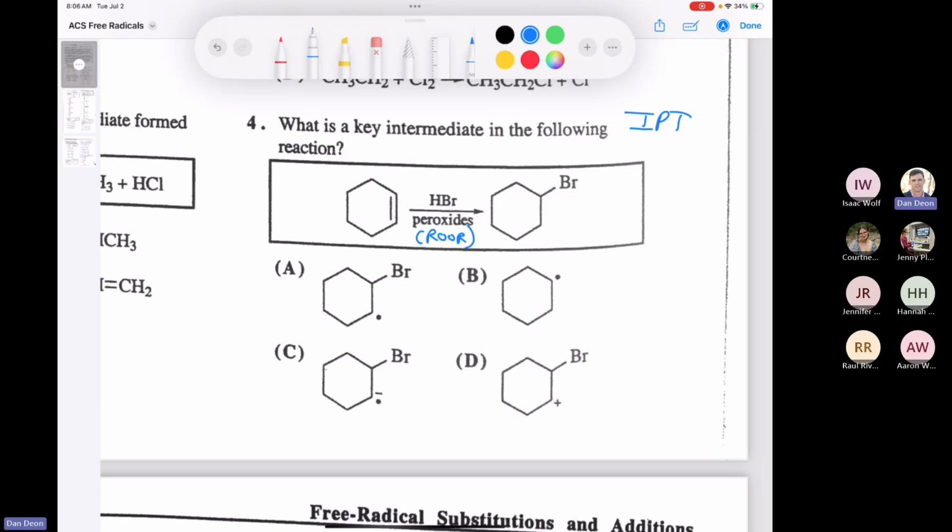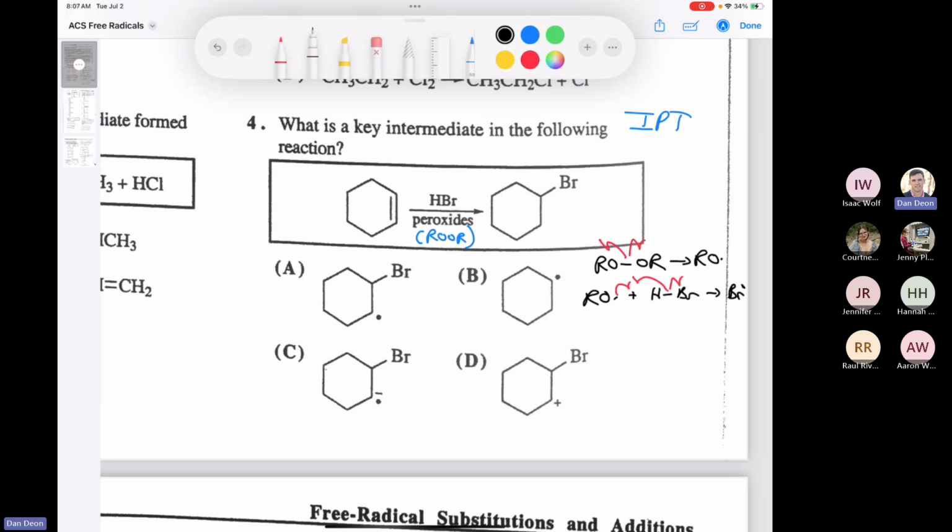So the first thing that happens, if we go back to the steps, is the peroxide is going to break apart, so you end up with 2 oxygen radicals. Then the oxygen radical reacts with HBr, and then we get an alcohol, plus we end up with a bromine radical.